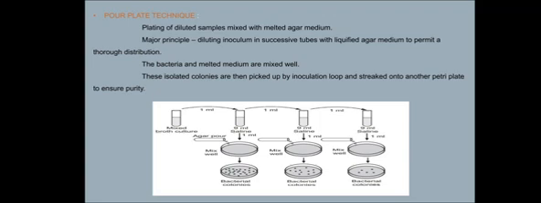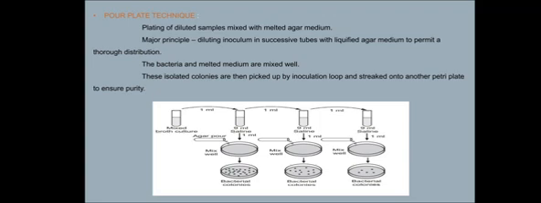Initially, in the pour plate technique, the diluted sample is mixed with the melted agar, and it shows growth of multiple colonies, from which a single colony is picked and further cultivated to obtain a pure culture.